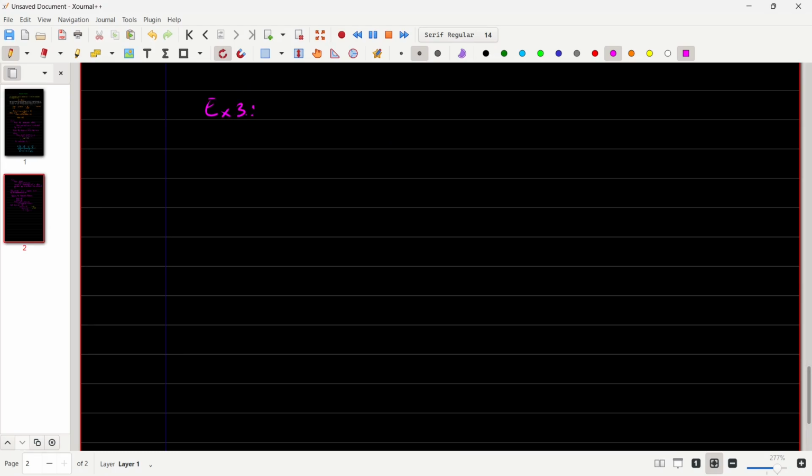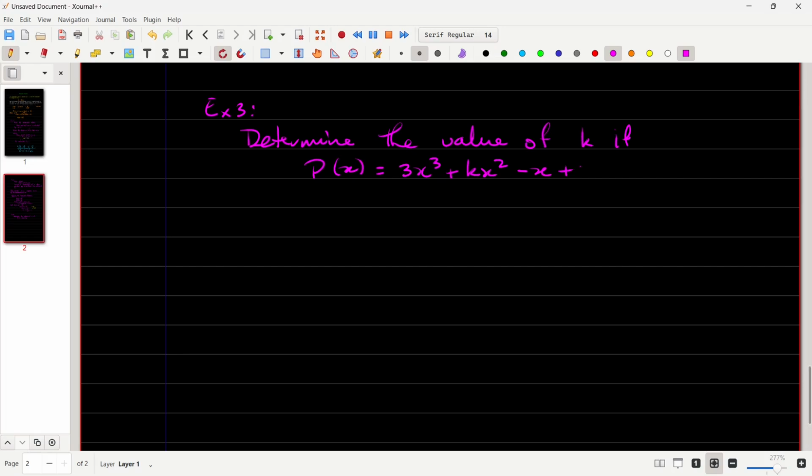Example 3. And we can say, determine the value of k if p of x is equal to 3x cubed plus kx squared minus x plus 4 leaves a remainder of 0 when divided by x plus 1.